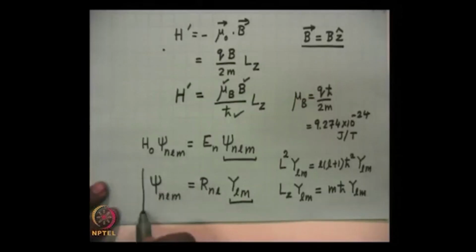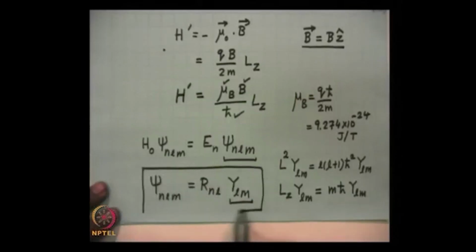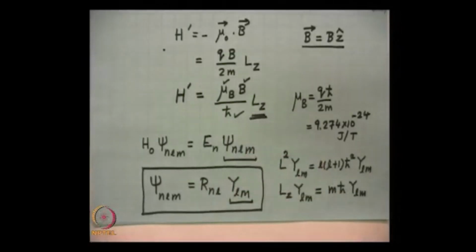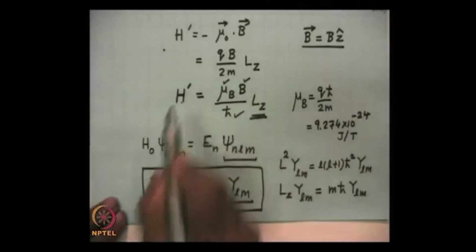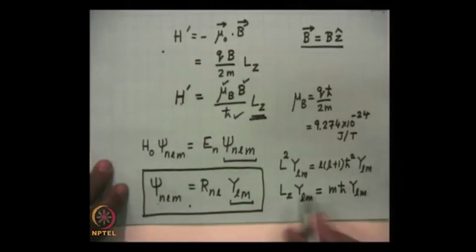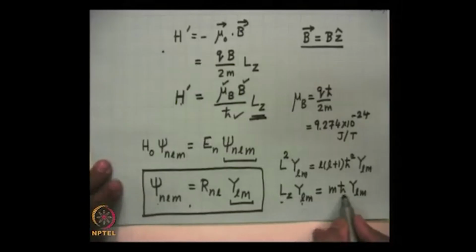So, the hydrogen atom wave functions are eigenfunctions of the operator Lz. Please see that Lz Y LM is equal to m H cross Y LM.